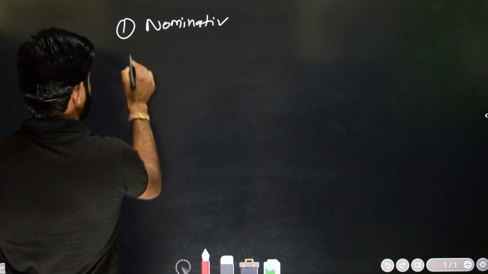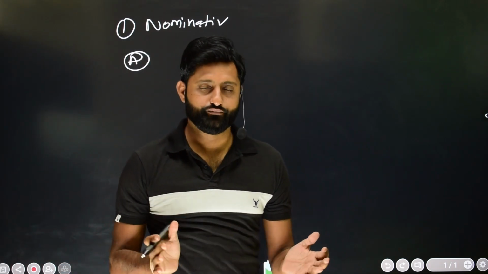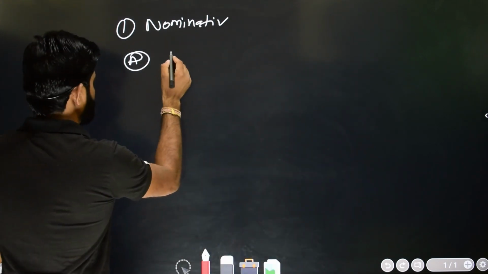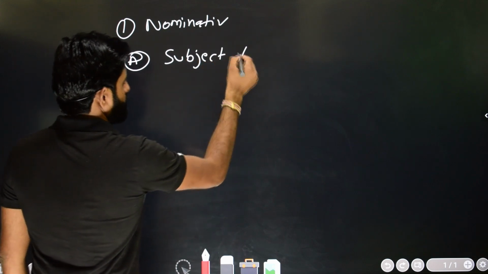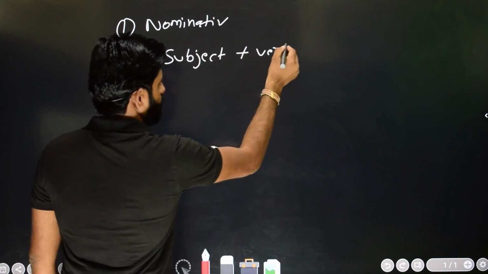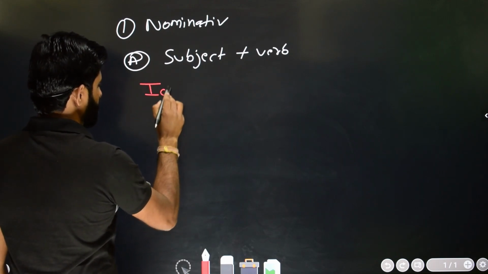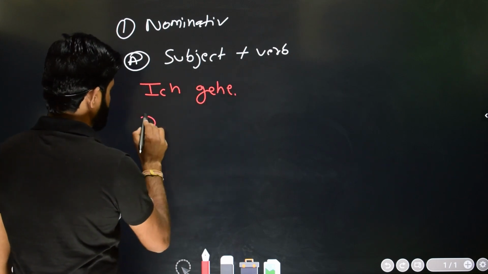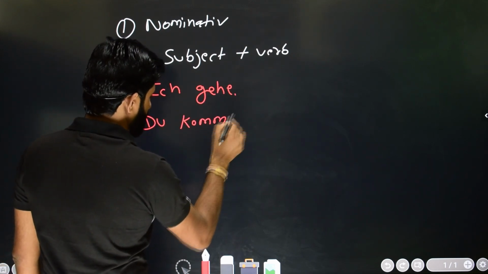Nominative case. If we have a single subject and a verb, then we can consider that this is a nominative sentence. So I'm going to write here: subject plus verb. Example: Ich gehe, du kommst.